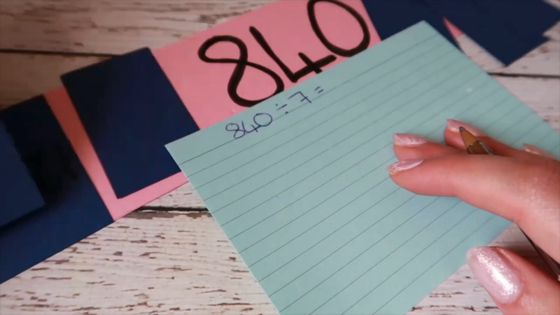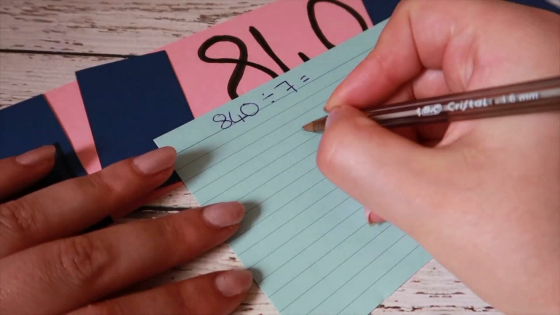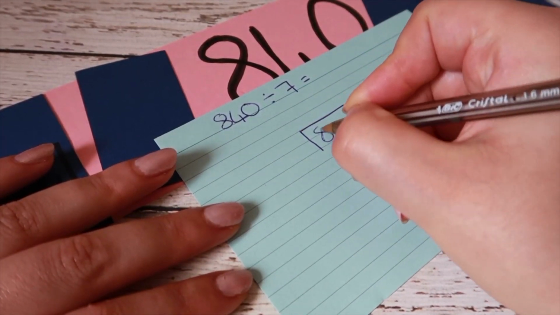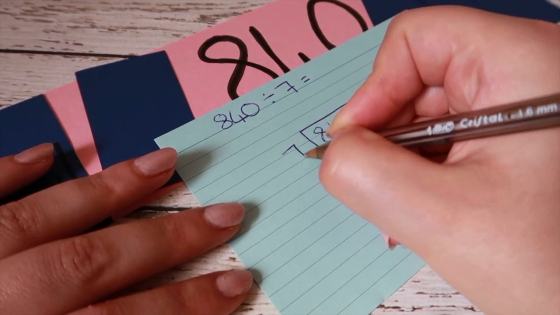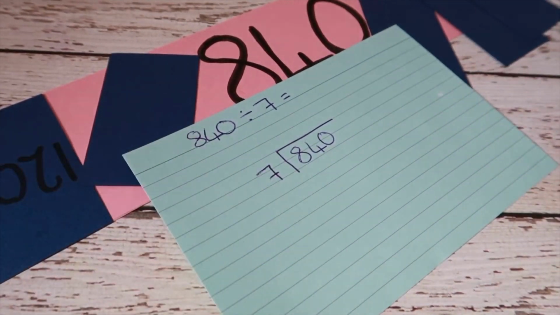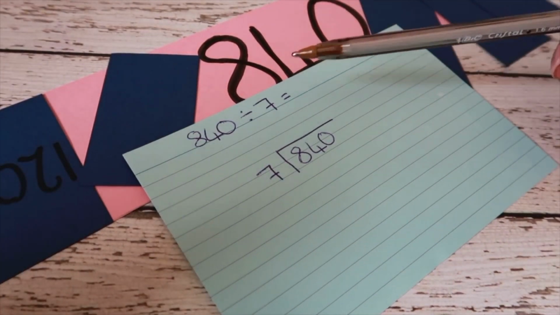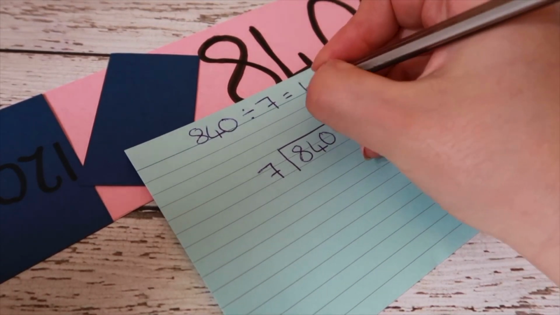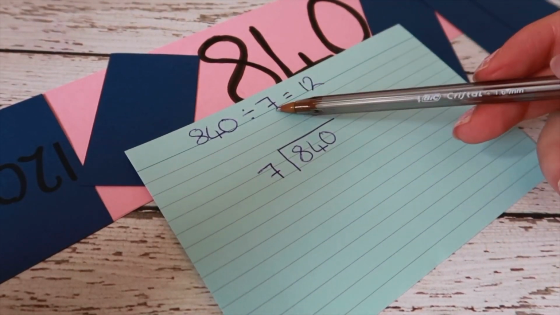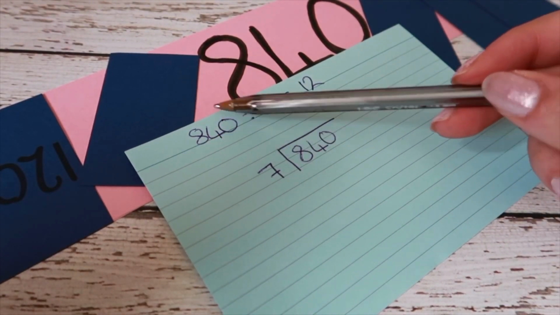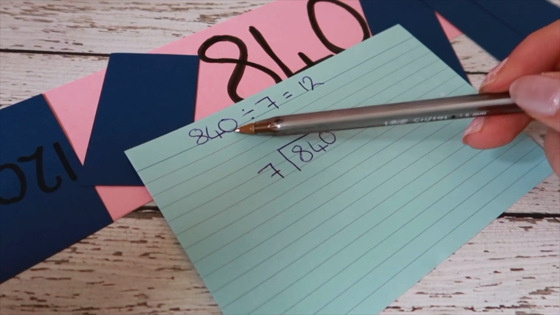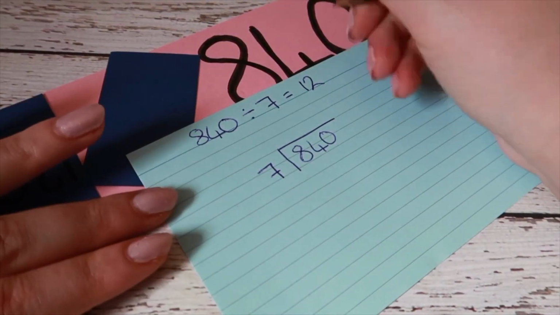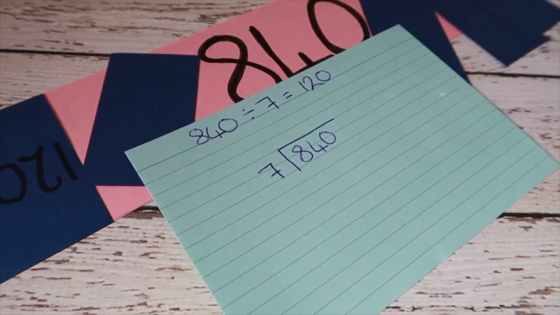Now you can divide in different ways here. If you want to do a bus stop method, you can. Or if you just want to look at the numbers and say to yourself, okay, I know that 7 times 12 is 84. So if 7 times 12 is 84, it's not 84, it says 840. So that's multiplied by 10. So I have to multiply my answer by 10 as well, 120.